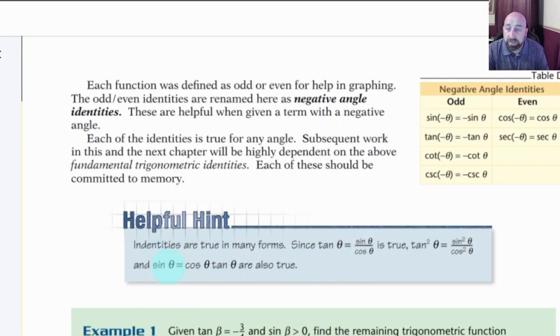So the sine of theta is also equal to cosine of theta times the tangent of theta. So you can start with the identity, and then you can manipulate them and move them around to different places, add squares, add square roots, invert them, all kinds of different things you can do, and they're still going to be true because they're identities.